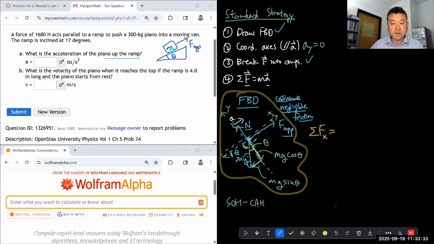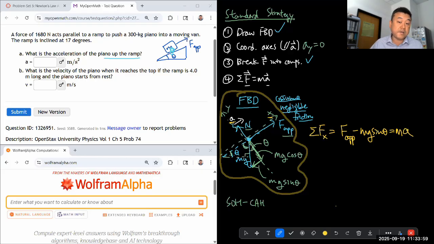I have the applied force in the same direction as the labeled acceleration direction. So apply the force, and then I have the x component of gravity, that's the opposite direction, minus mg sine theta. That's equal to mass times acceleration in the x direction, which here happens to be the entirety of acceleration.